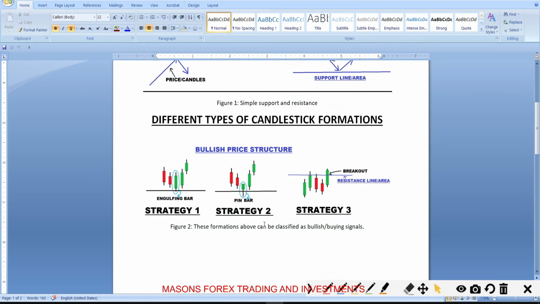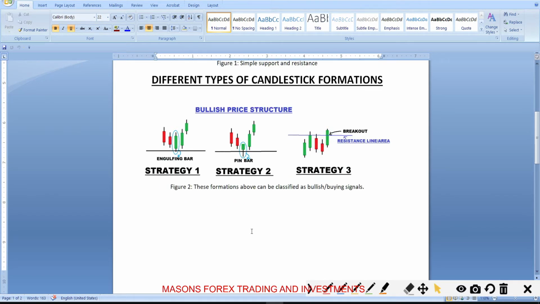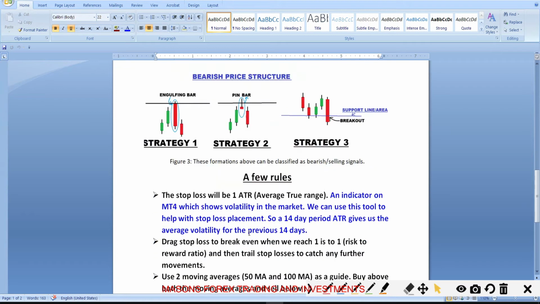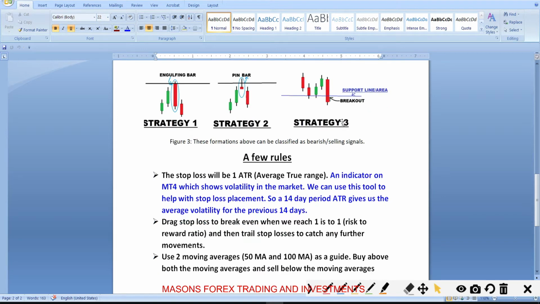We will be looking for different types of candlestick formations. This will form the signal for us to enter the trade. So we have an engulfing bar, pin bar, and breakout, which form strategy 1, strategy 2, and 3. We also have a bearish price structure, which is the engulfing bar, pin bar, and breakout bar.